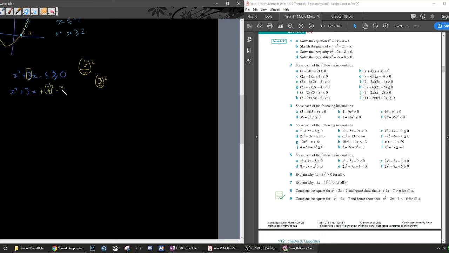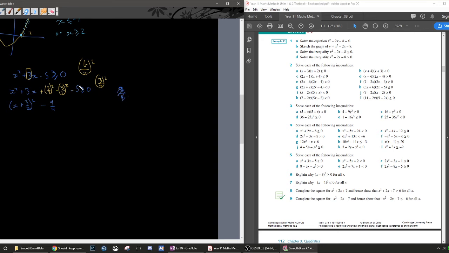And 5 greater than 0, so we get this x plus 3 on 2 squared minus 3 on 2 squared. 9 on 4 minus 9 on 4 and 5.